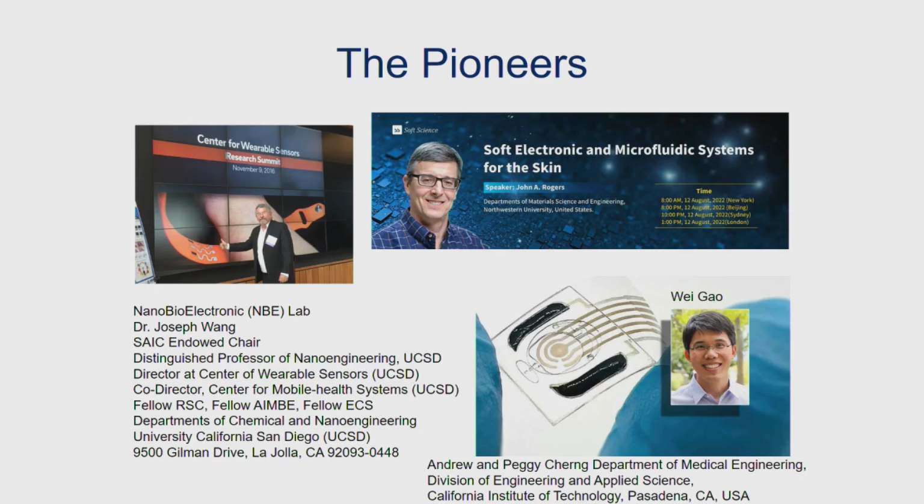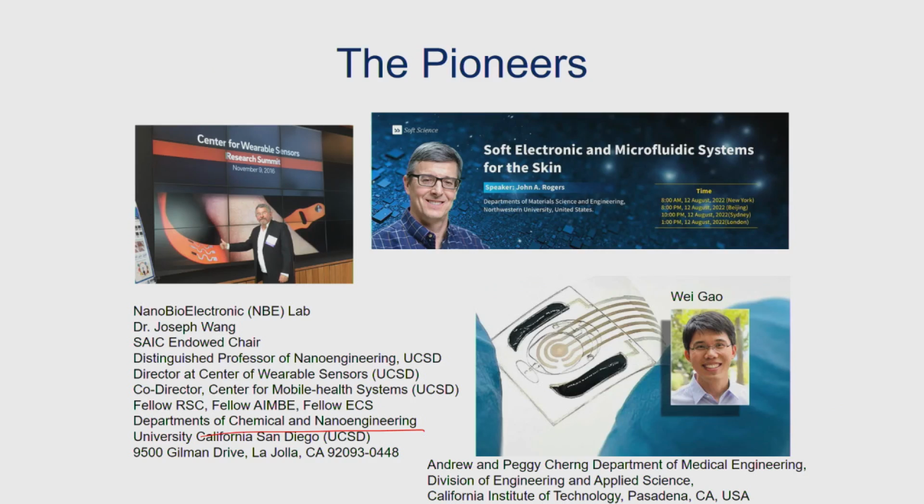He's also a director of the Center of Wearable Sensors, co-director of Center of Mobile Health Systems, fellow of the Royal Society of Chemistry, fellow of the Electrochemical Society, and he works in the Department of Chemical and Nanoengineering in the University of California in San Diego. A fantastic person. I've heard some of his talks at Imperial and at various World Congress on Biosensing conference platforms as well.